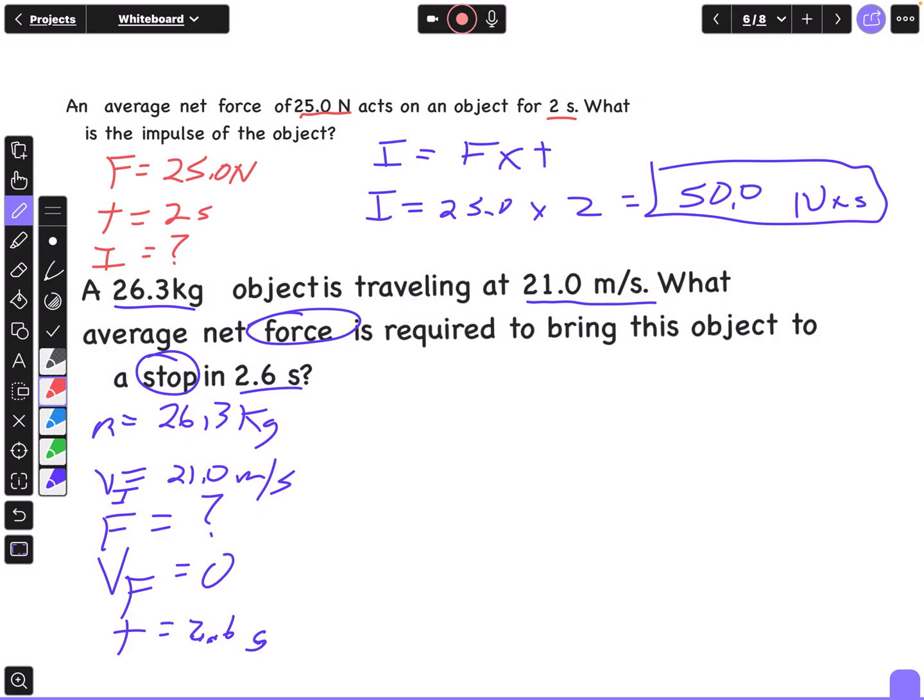So my equation, the only equation I could use that has these things in there, is the impulse momentum equation. F times T equals M times (VF minus VI). I'm plugging in my numbers, I'm solving for force. That's going to be force times my time, which is 2.6, equals 26.3 times, and VF is 0, since it's coming to a stop, minus VI, which is 21.0.